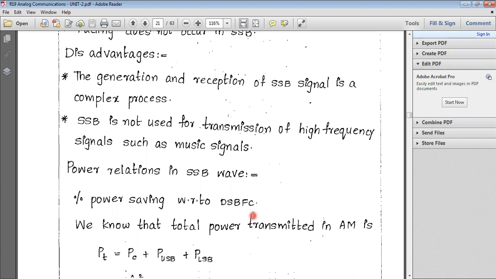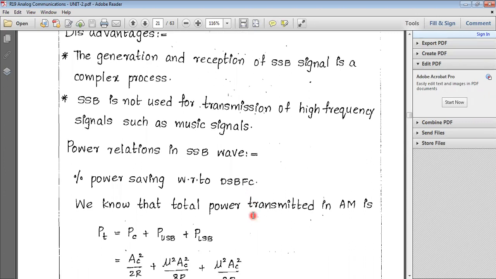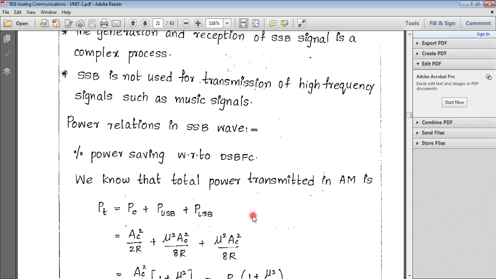Now, put aside the heading: power relations in SSB wave. First, we compare with double sideband with full carrier.